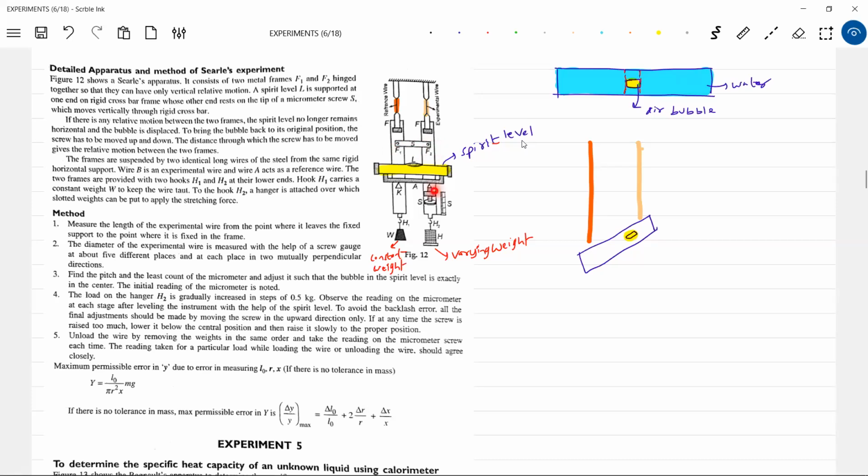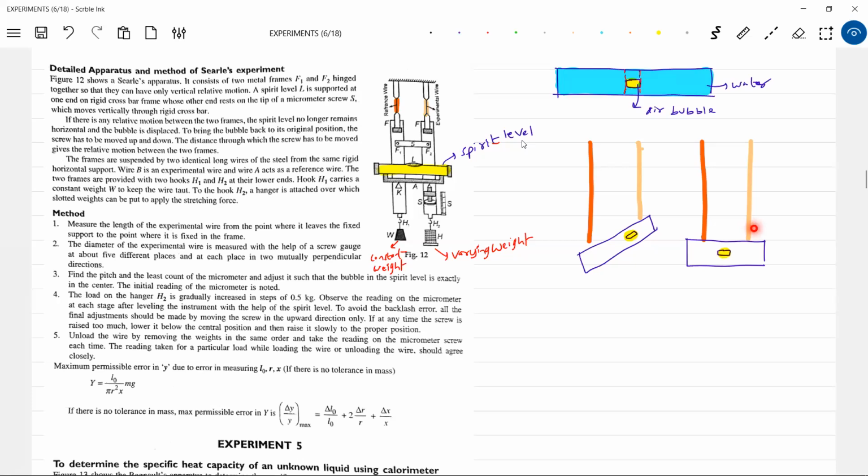This screw is connected to the spirit level, so as you rotate it, the entire frame will move down and the spirit level will come like this. This is the elongation it has suffered.